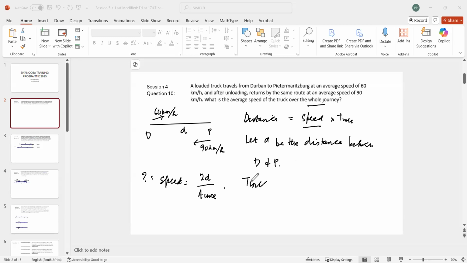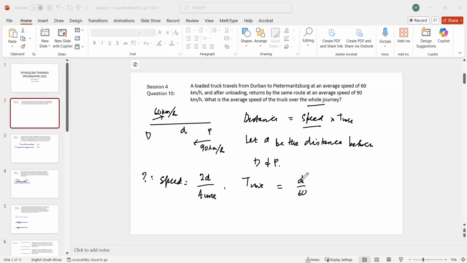And for that, you have to work out the upward time. The time that it took for the upward journey. And that time is that distance divided by its speed. So the distance there was d, and the speed in the upward journey was 60.